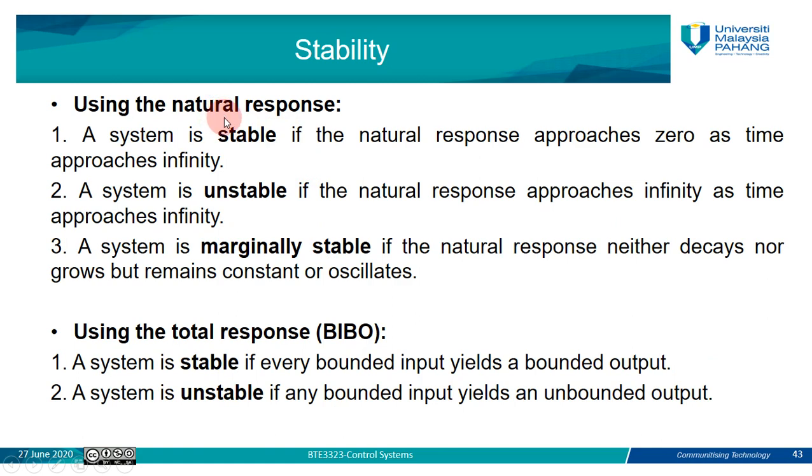We mentioned before that we have two types of response: forced response, which is generated by applying input to our system, and natural response, which is generated by the components, or the transfer function components, of the control system. For example, an electrical system has components like resistors, capacitors, inductors, and operational amplifiers. These components generate the natural response because they are used to find the transfer function of the control system.